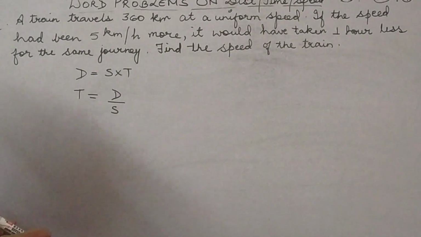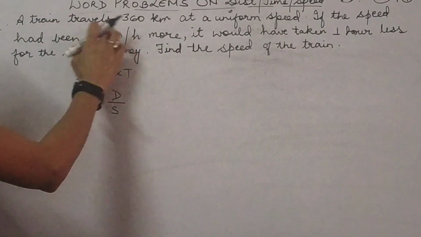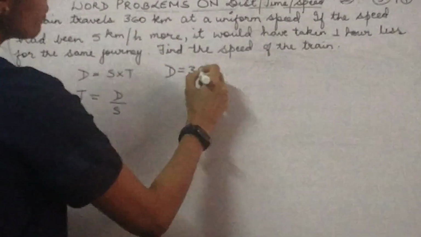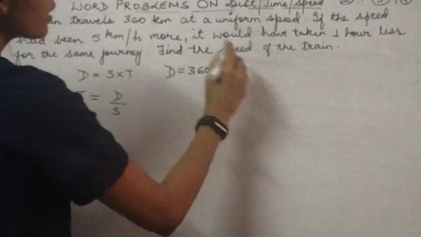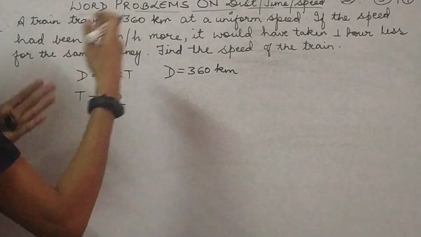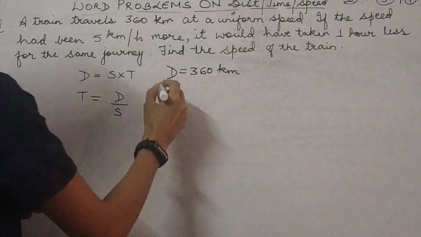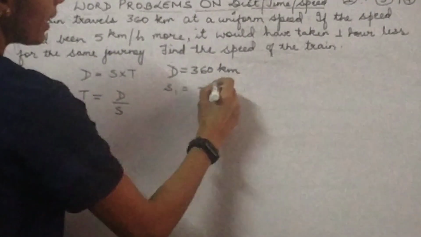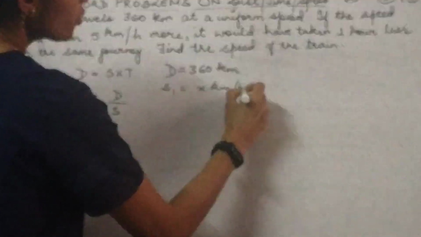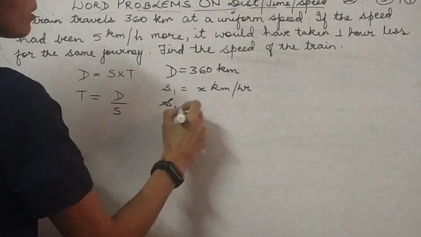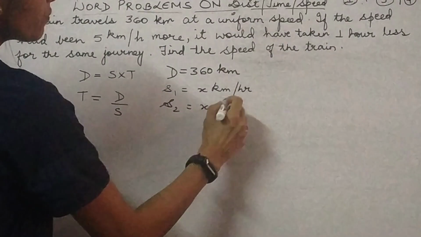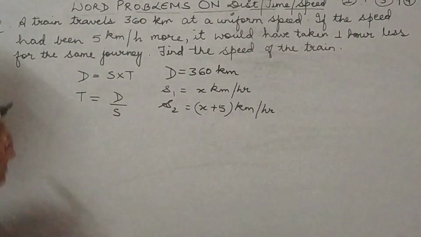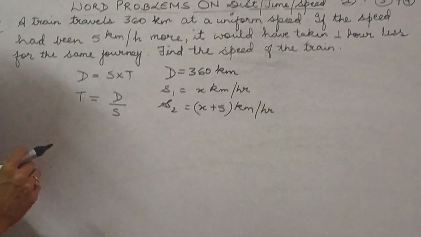So let us see this question. A train travels 360 kilometers, that means d is given to you as 360 kilometers. If the speed had been 5 kilometers more, let your initial speed S1 be x kilometers per hour. So now your new speed S2 is x plus 5 kilometers per hour. Now the difference in time is given.